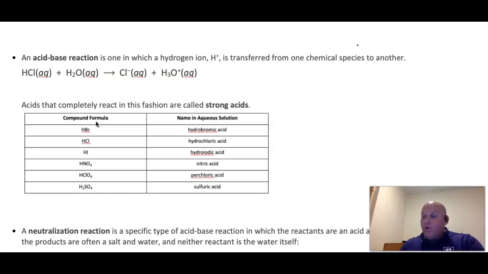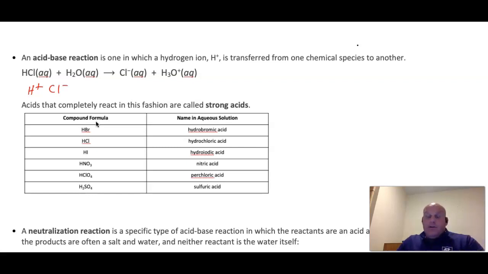This is going to be an important list for us down the road to know and memorize, because to be a strong acid means those ions dissociate or break up completely. They break up completely. Okay, so in this first reaction, we are going to get a 100% split of the H+ and the Cl-, because HCl is a strong acid.